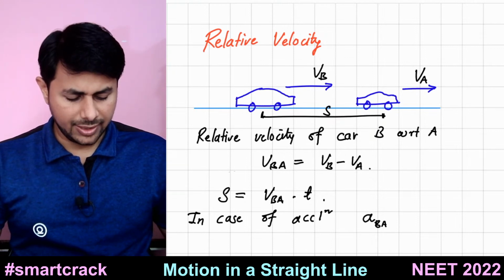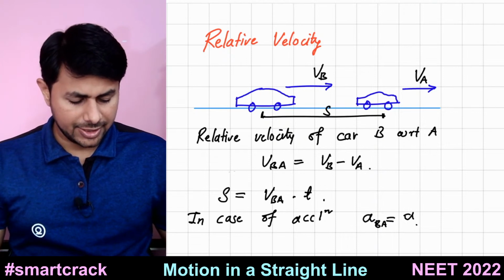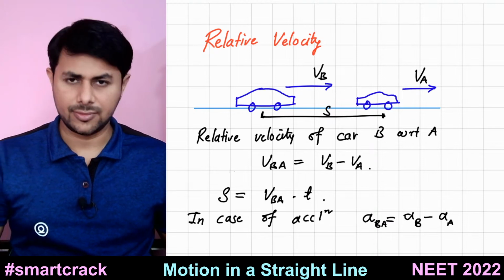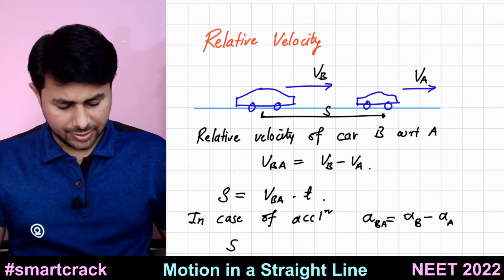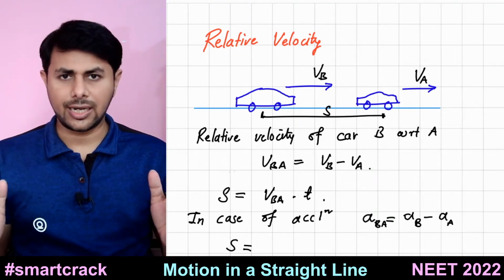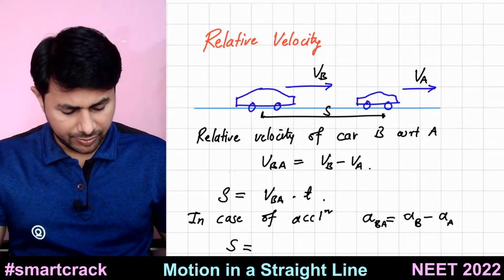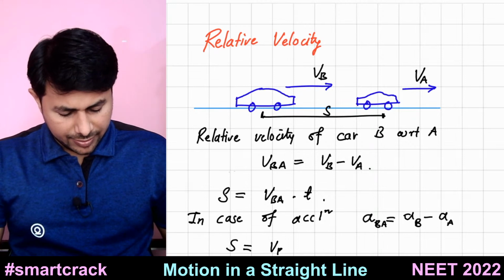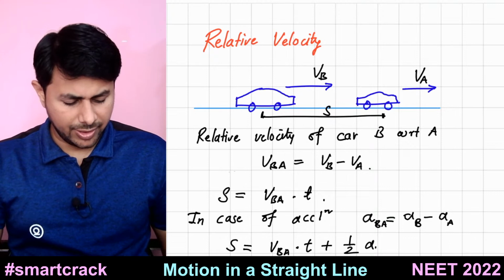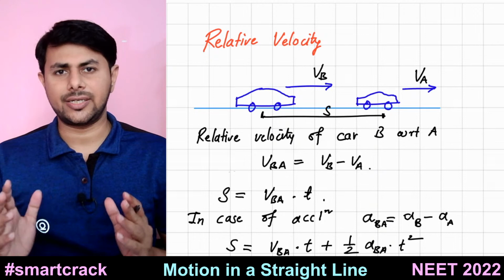ABA is the acceleration of car B with respect to A, and that will be acceleration of car B minus acceleration of car A. Then we can write the relative distance covered in time t as S equals VBA times t plus half of ABA times t square, just like our uniformly accelerated motion.